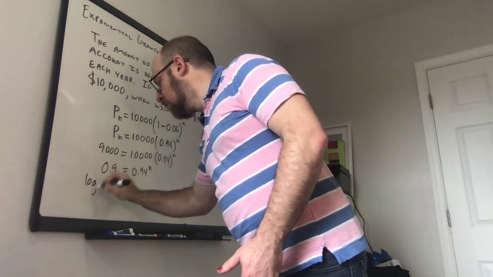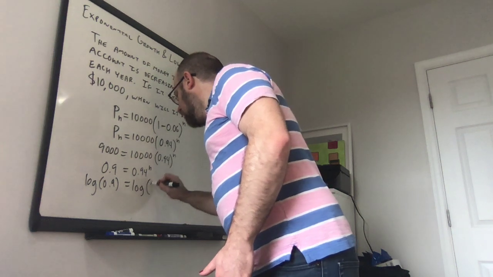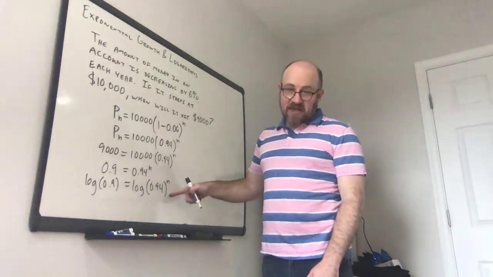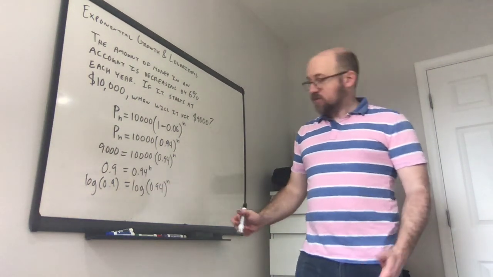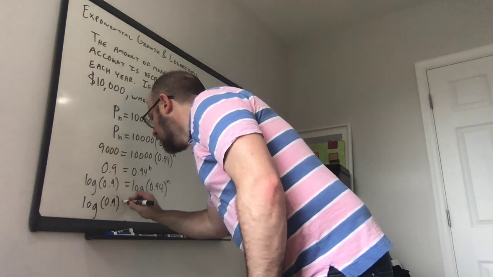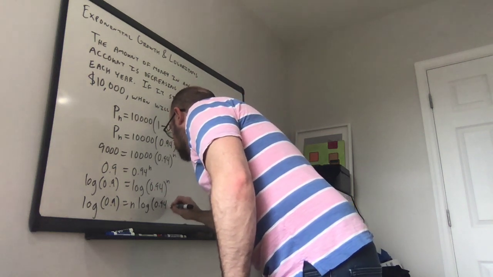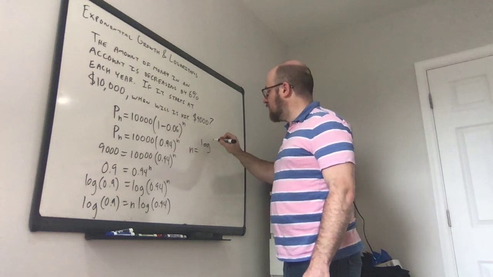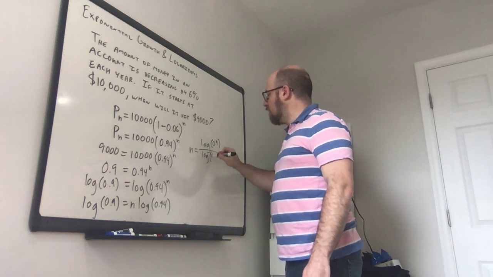Log of 0.9 equals log of 0.94 to the n. And then, just like it did before, our n comes down to the front of the logarithm. It becomes multiplication. So log of 0.9 equals n times log of 0.94. And we get n equals log of 0.9 divided by log of 0.94.